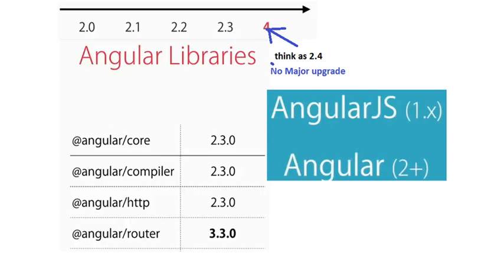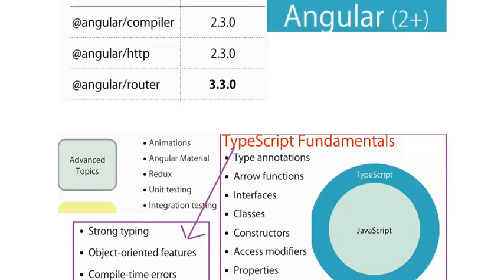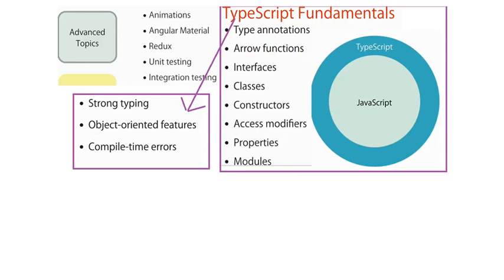Let's not go into the details of TypeScript fundamentals. We know about JavaScript, and TypeScript has additional features. You can think of it like Java: suppose I write code in Eclipse and there is a compile time error, you can catch it before running the code.